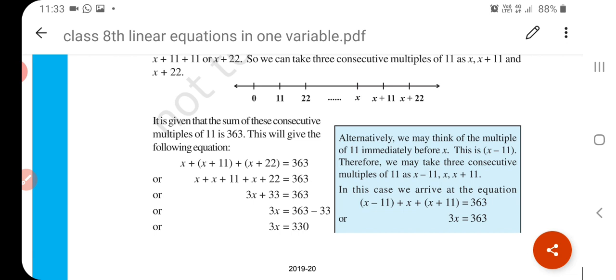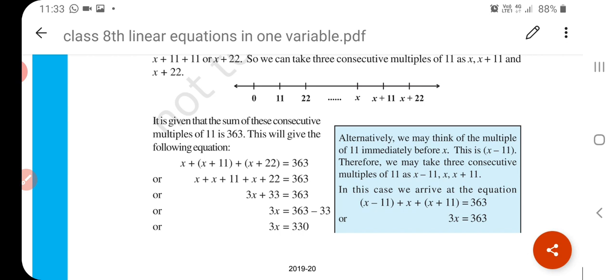An equation may have linear expressions on both sides. Equations that we studied in class 6 and 7 have just a number on one side of the equation, but in this chapter we have learned both sides have variables. Just as a number, a variable can also be transposed from one side of the equation to the other.